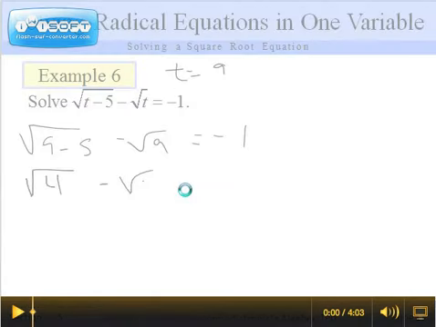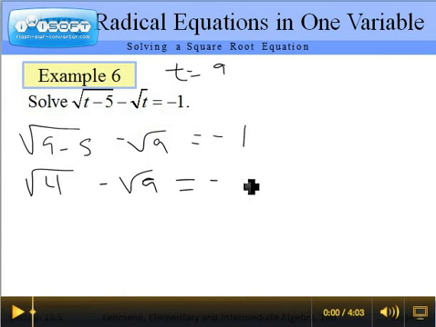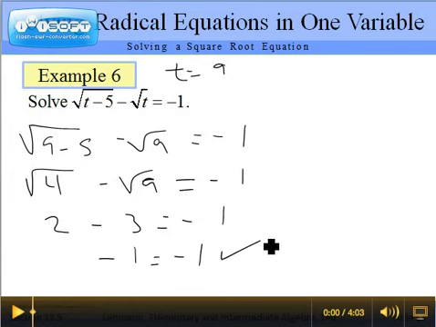So I have 2 minus 3 equaling negative 1, which gives me negative 1 equaling negative 1. Which checks. So t equaling 9 is a solution.